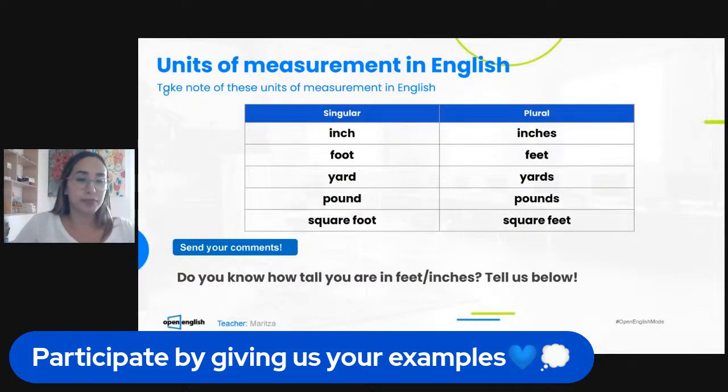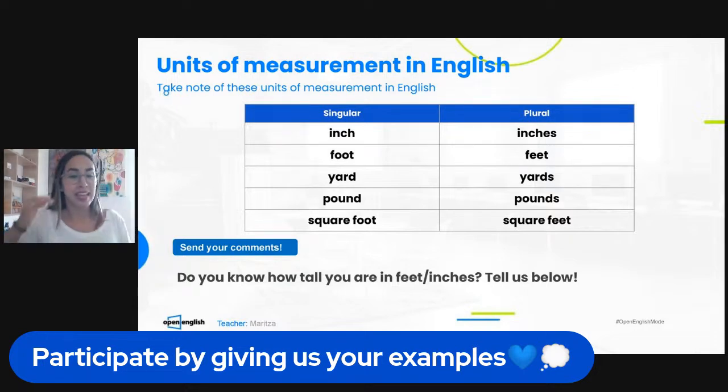Moving on. So in the world, we use different units of measurement. To talk about how long something is, or how tall something is, or how wide something is, we use measurements. Interestingly enough, in many parts of the world, people use different units of measurement.